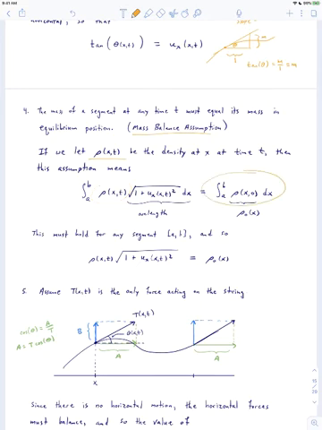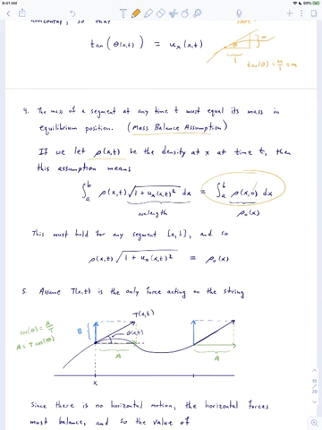Now the segment on the right here is precisely the portion where the string is in equilibrium position. So in this case, we're looking at just the horizontal segment, so it's just a dx. We're looking at equilibrium position, so that's when we're starting out. That's when t is equal to 0.